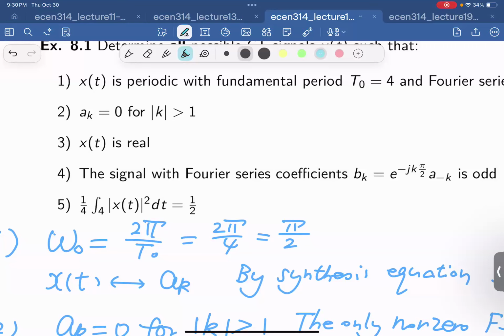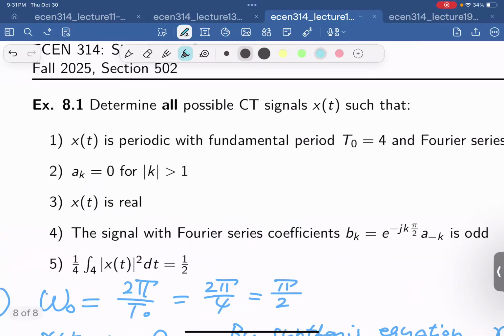Specifically, I'm integrating the squared magnitude of x of t, which is basically proportional to its energy. Yes. This is a periodic signal, and we are integrating it over an interval of length 4. That is the fundamental period.